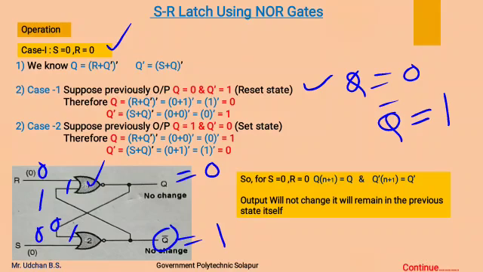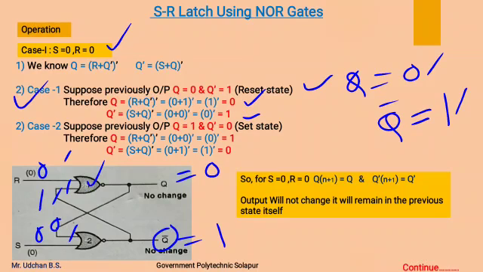So NOR gate 1 will have two inputs 0 and 1, and NOR gate 2 will have two inputs 0 and 0. So by putting these values, we get Q as 0 and Q complement as 1. So initially we have considered Q as 0, Q complement as 1. After applying inputs, we get the same outputs, that is Q as 0 and Q complement as 1.